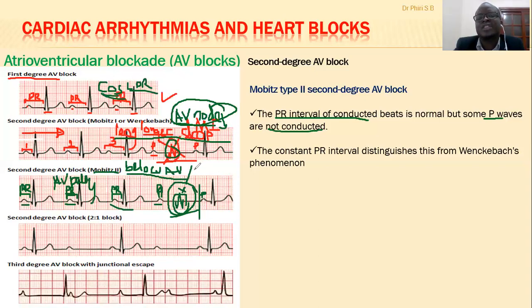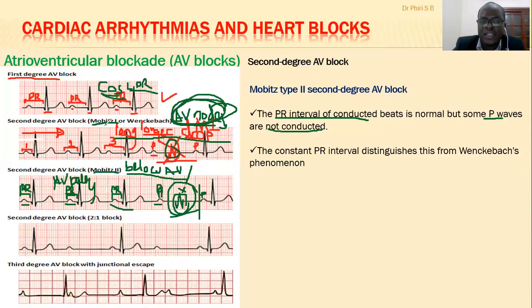And the other difference is when you do a vagal maneuver. When you stimulate the vagus nerve, you find that the vagus nerve will have an effect on Mobitz type 1 because these cells are the ones that are not functioning well.